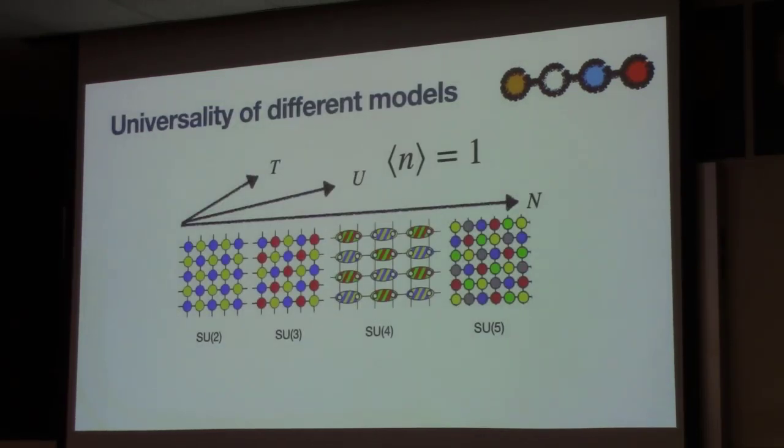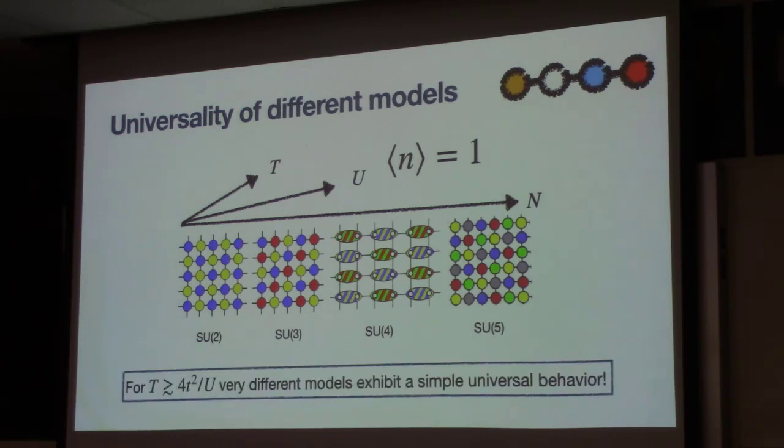So what we found in this project was that for temperatures above this superexchange energy of the vertical lines, these very different models exhibit a simple universal behavior. And so, yeah, when one goes to lower temperatures is when you start observing these very peculiar patterns that are unexpected.